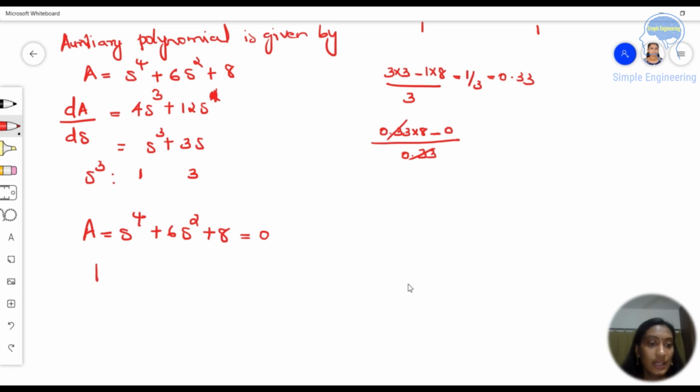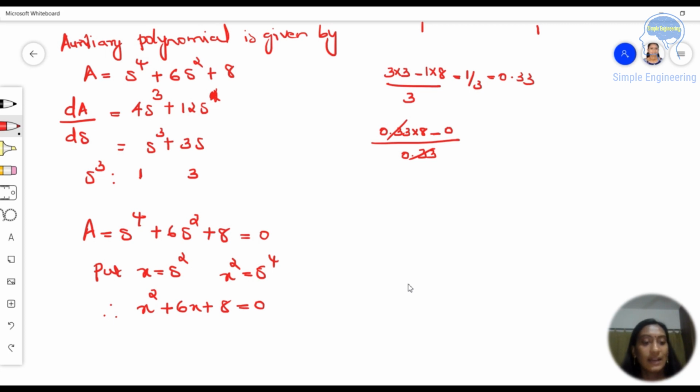Here we can assume x is equal to s square, so x square is equal to s power 4. That we can substitute over here. So our auxiliary polynomial will become x square plus 6x plus 8, which is equal to 0.